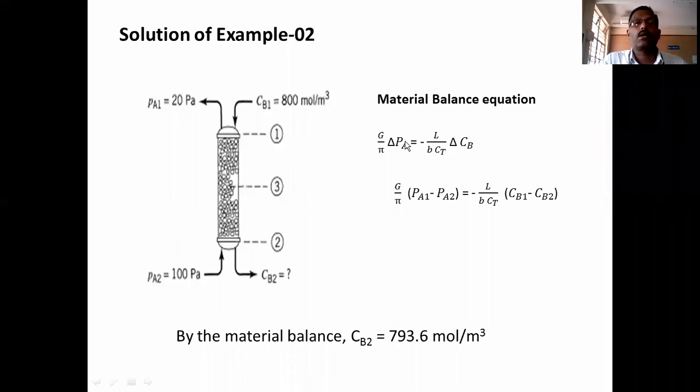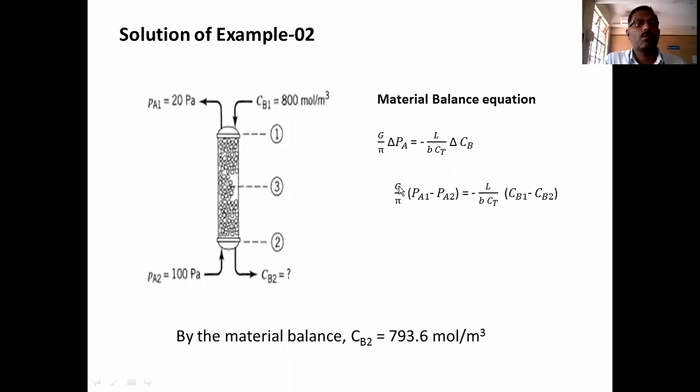So G upon pi into (PA1 minus PA2) equals minus L upon B into CT into (CB1 minus CB2). Or we can write PA2 minus PA1 and CB2 minus CB1. Whatever you write, PA2 minus PA1, you should write CB2 minus CB1 here. Then put the values.